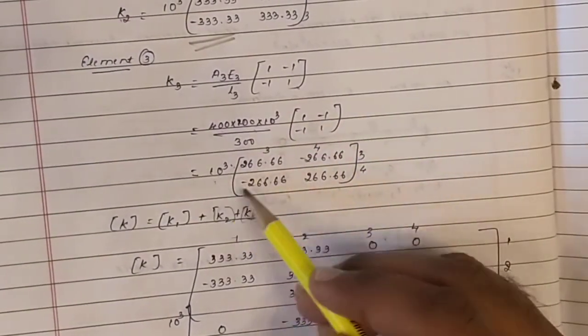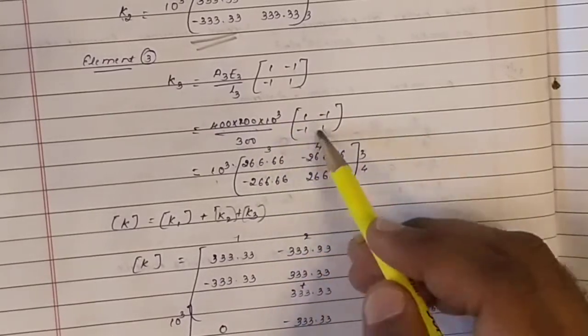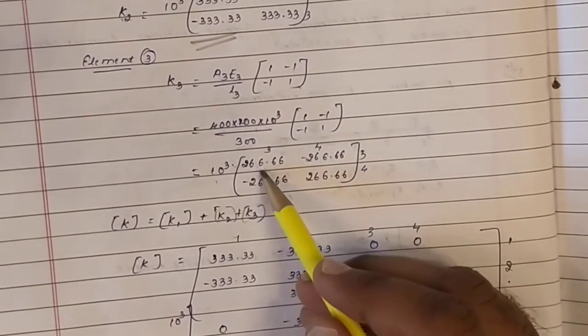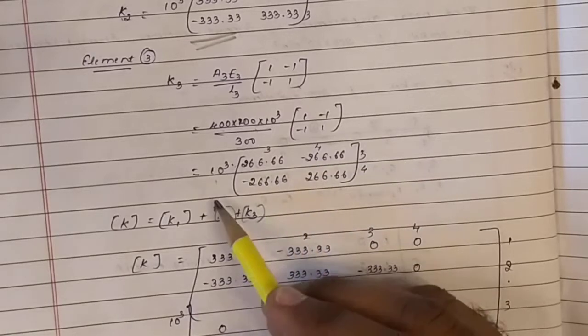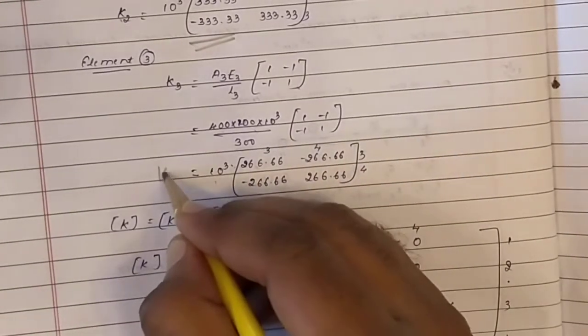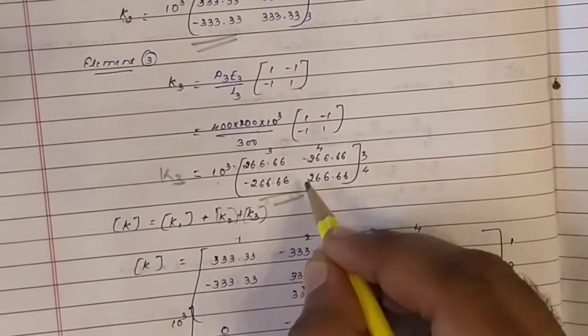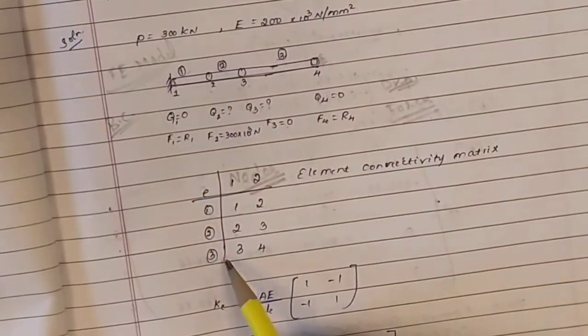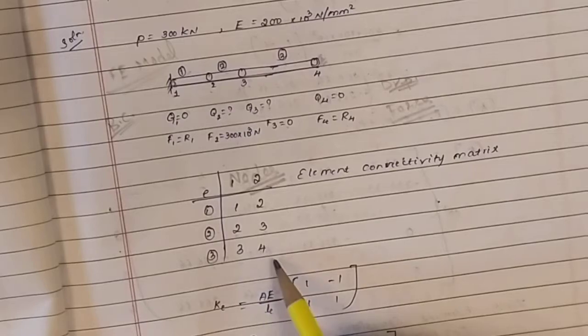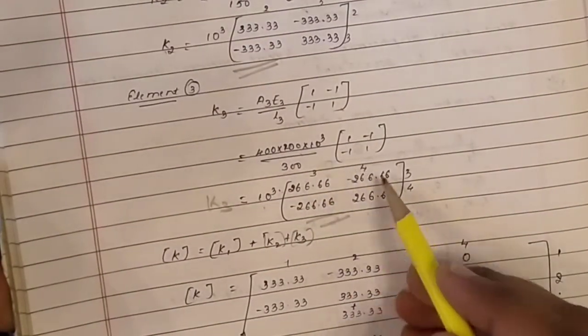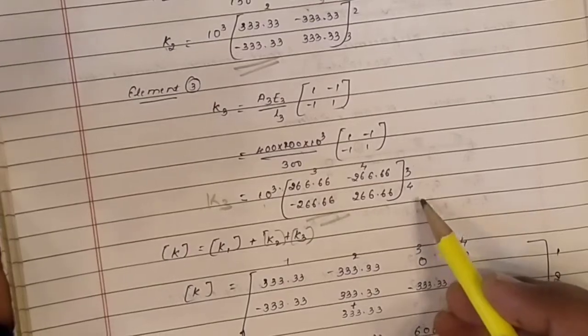Take 10 power 3 as common, multiply all the things inside the bracket, and you will get 266.66. This is K3. The third element is connected between the nodes 3 and 4, so just number it 3 4, 3 4.